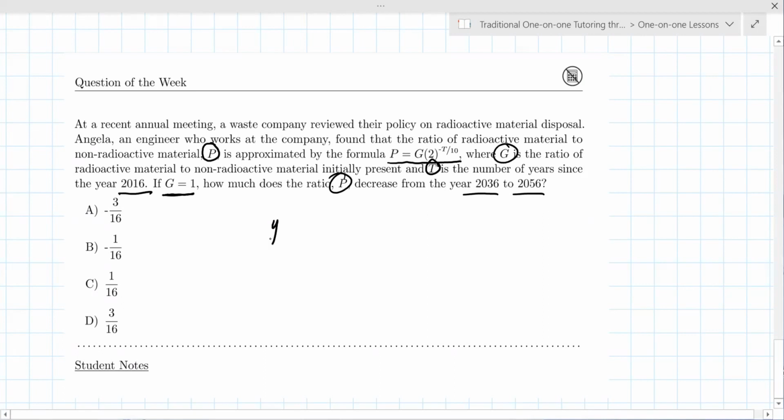When the year is 2036, okay, this corresponds to a T value equal to 2036 minus 2016. Because T in our equation, T is the number of years since the year 2016.